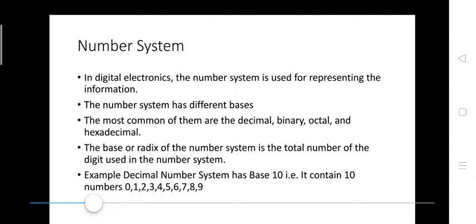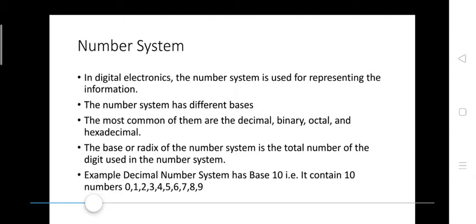In this unit, we study different number systems. Every digital component, laptop, computer uses information in the form of numbers. So, in this unit, we want to study four different number systems.